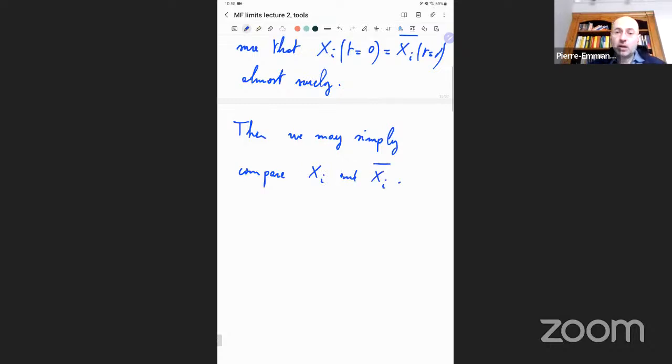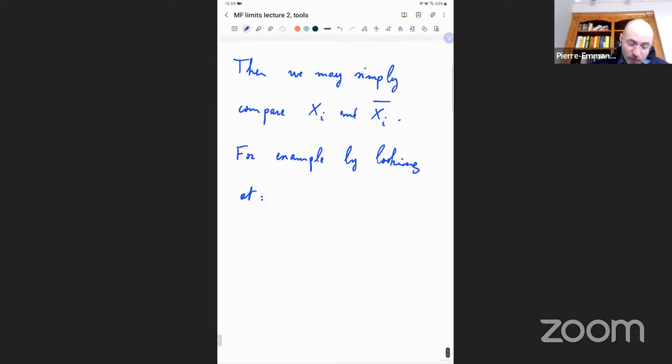And then we can simply compare Xi and Xi bar. For example, we can look at the following object.